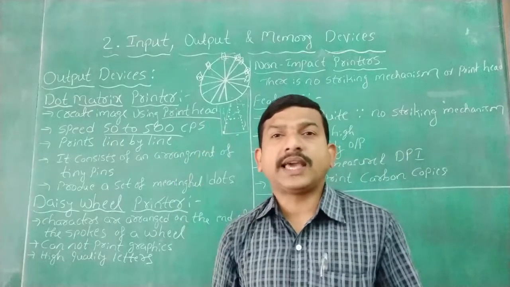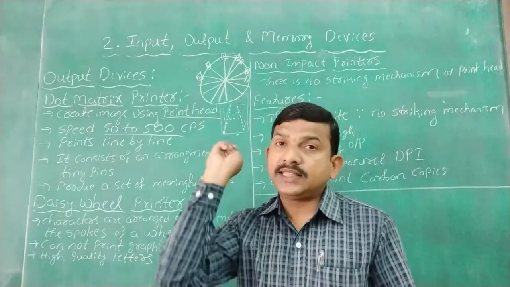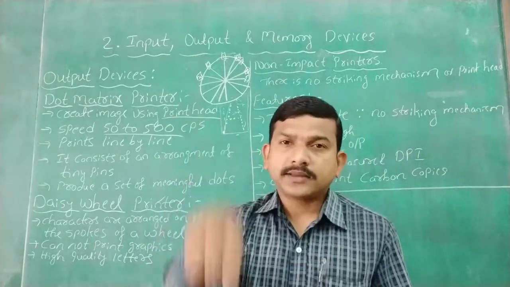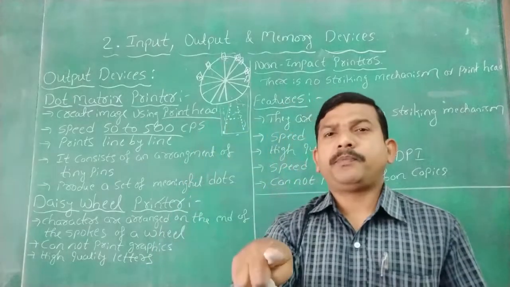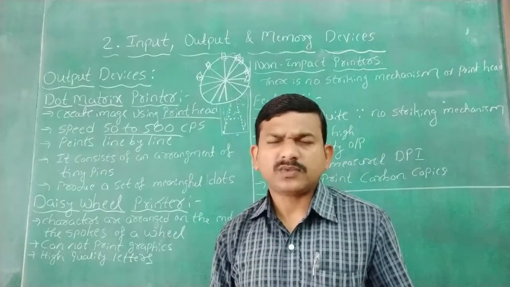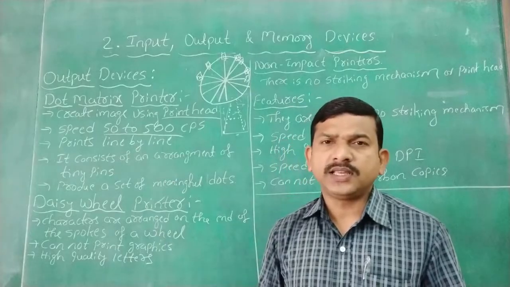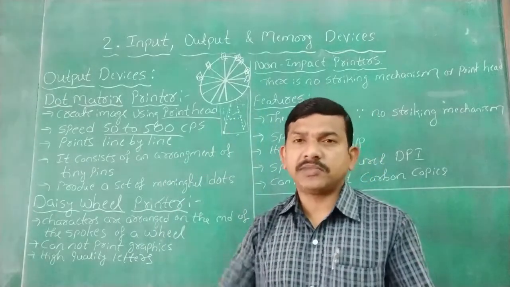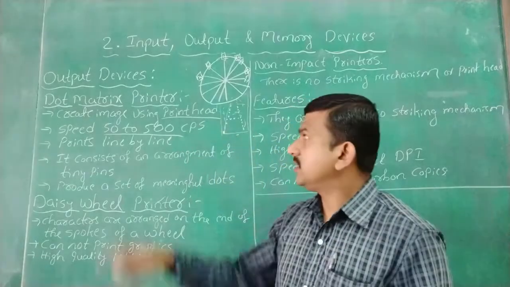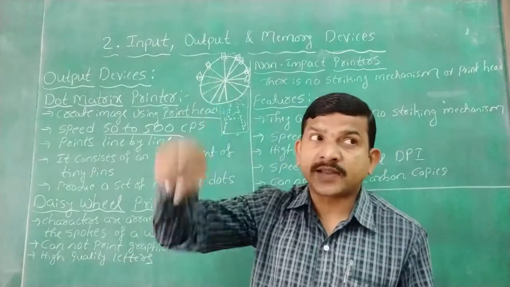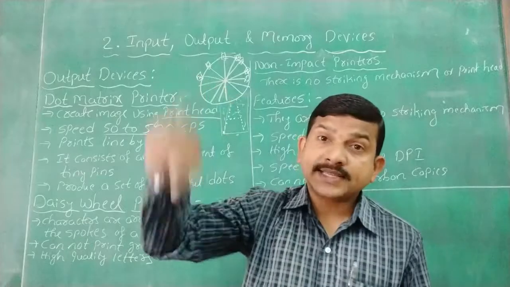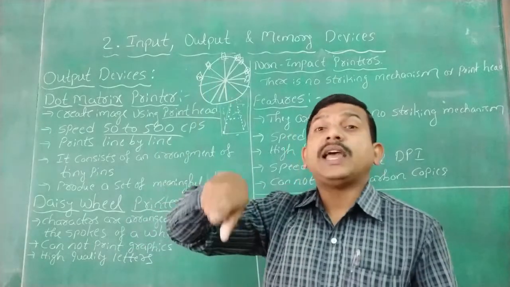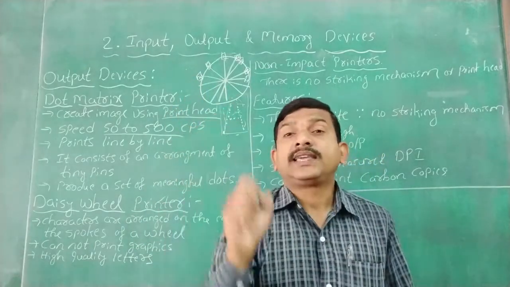Whatever character you want to print, only that spoke will be pressed on your paper with the help of carbon. Again it is a striking mechanism. Striking means touching. This spoke will strike on that paper, and that time you get the characters.